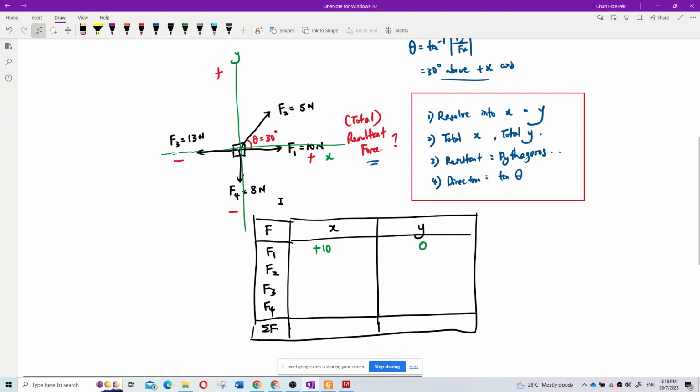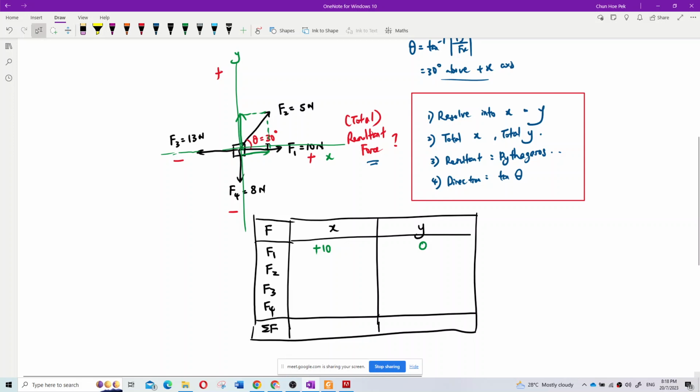Understand? And then F2, it has 2 components. F1 only has 1 component because it is on the x-axis. But F2 has 2 components, x and also y.